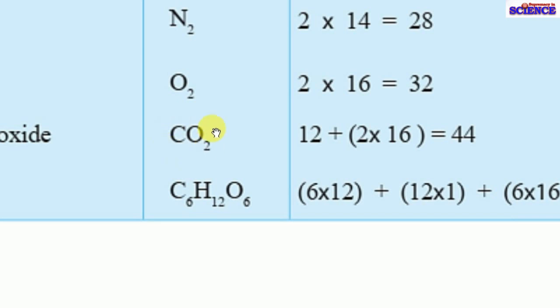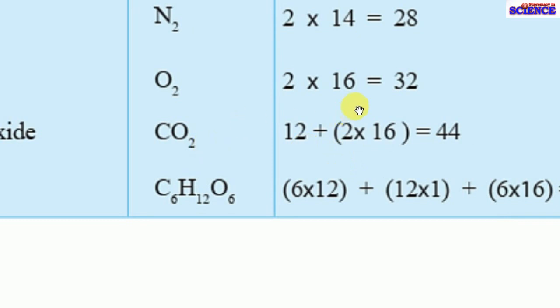Here the relative atomic mass of carbon is 12, and it's a sum, right? We are adding all the masses because a molecule is made of atoms. What are we going to do? We add all the masses together to get the molecular mass. 12 is the mass of carbon and you can see this 2 belongs to O only. If it belonged to carbon also, we would make a bracket and put 2. There's nothing like that here.